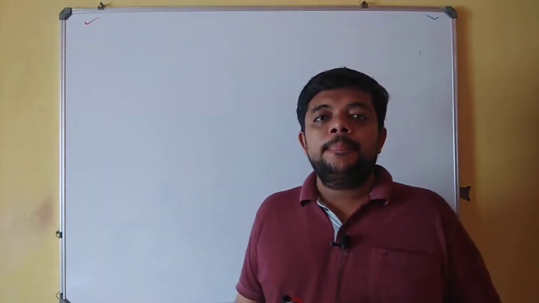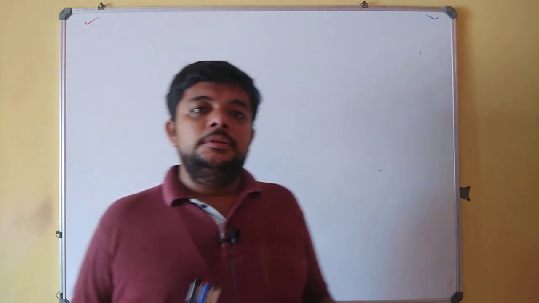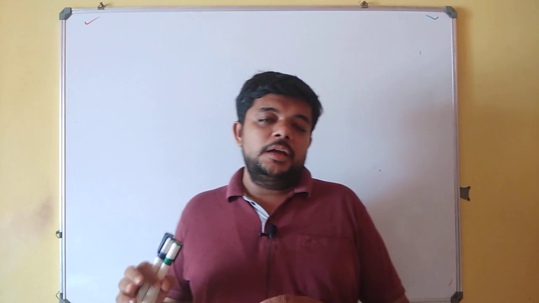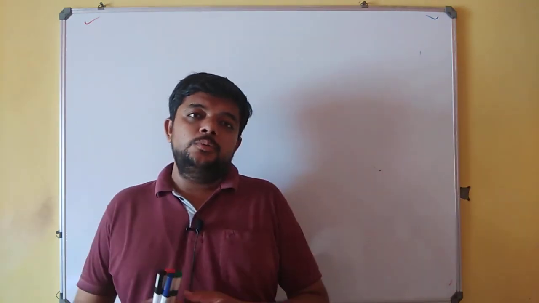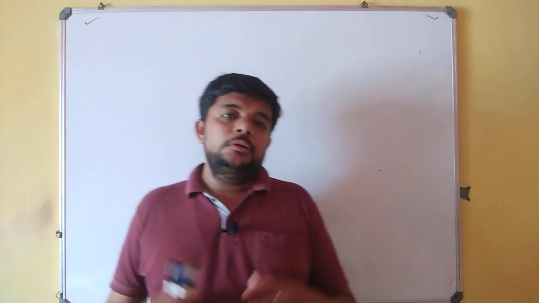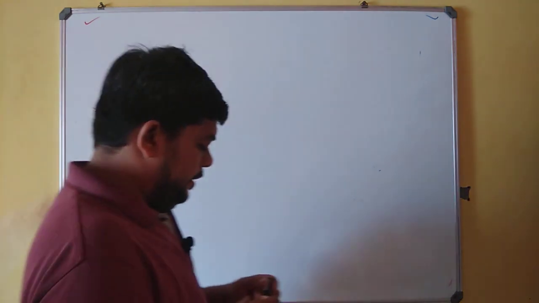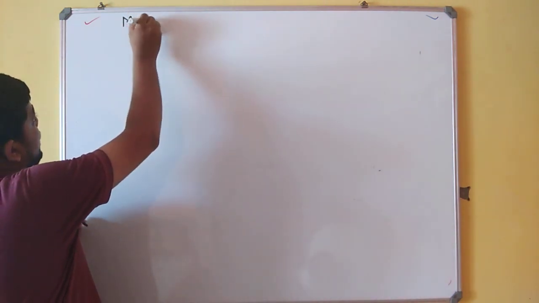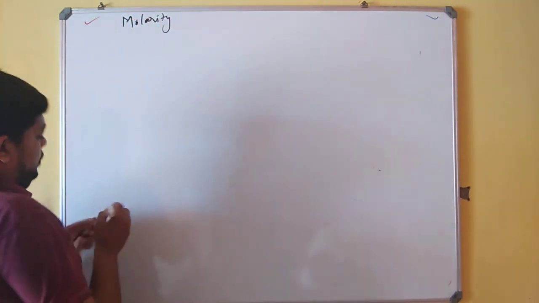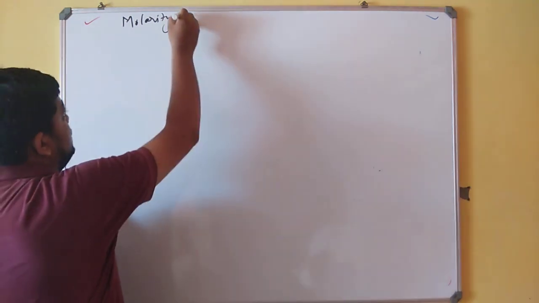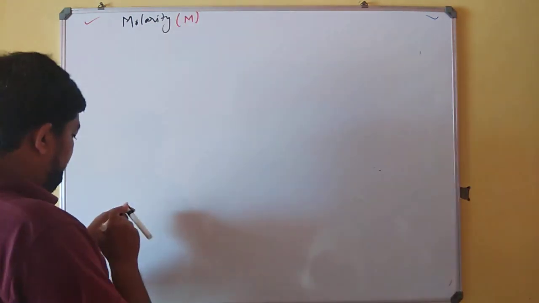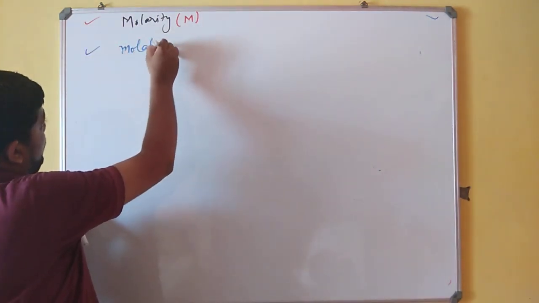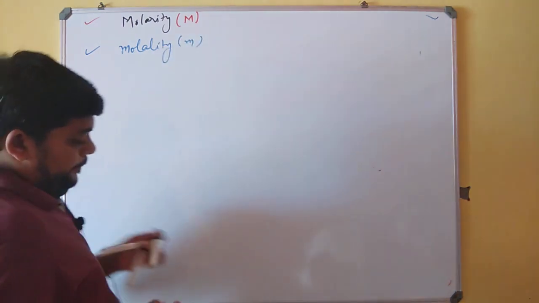So hello everyone, we are continuing in this third consecutive video under the title where we started from. We are just trying to make a basics on concentration terms, and in the initial two small videos we made a very closer and a clear look on molarity, that is represented by capital M, and the second, that is molality, small m.